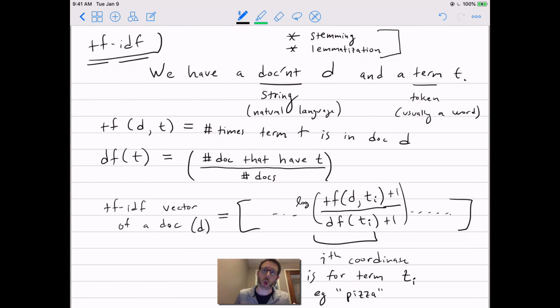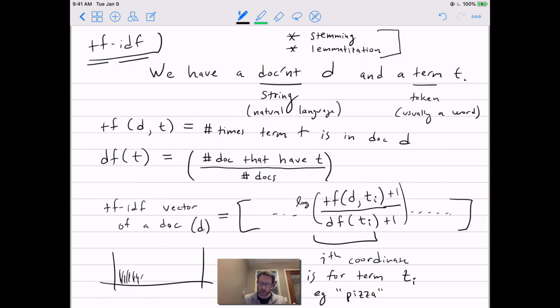Why would you want to throw logs in there? Basically, logs are useful when you have spiky values. If you looked at the histogram of the Tf-Idf scores without a log, I'll just plot values. You might have a bunch of values here, and then a value over here that's extremely high, and that value will dominate too much.